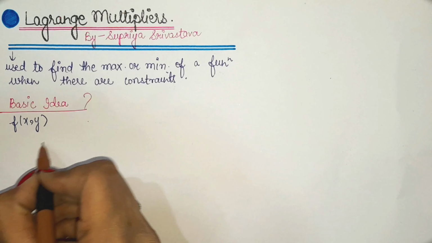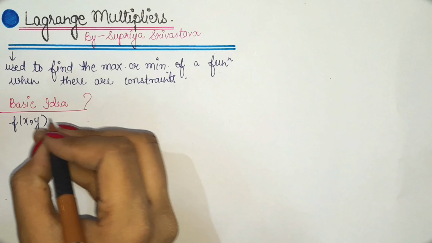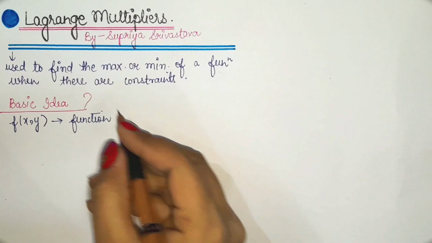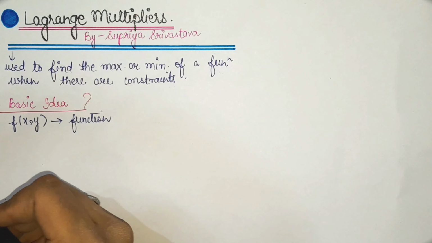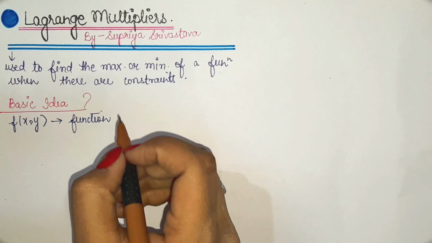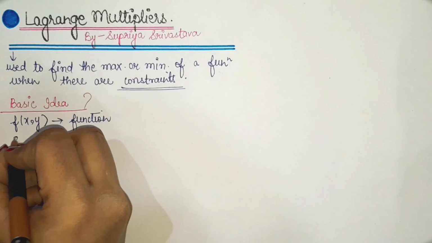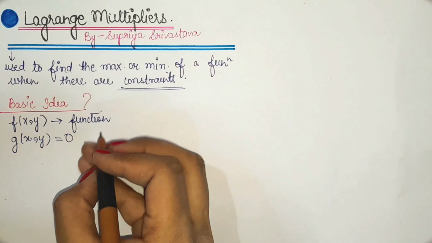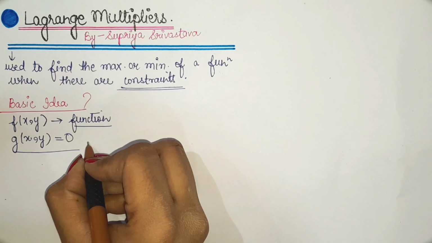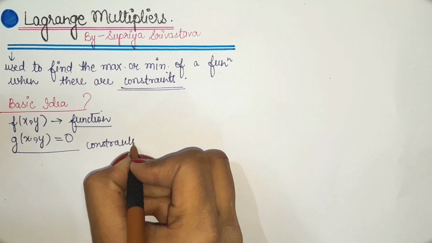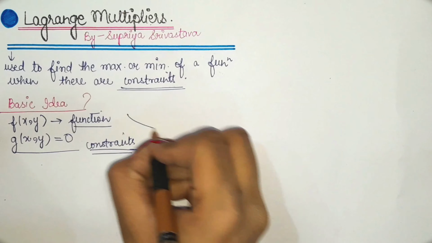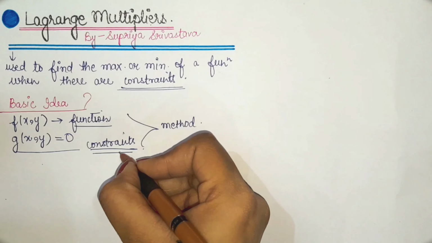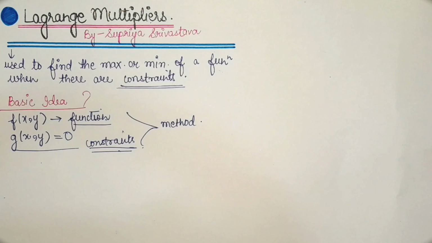When you want to maximize or minimize this function while keeping within a certain boundary, okay, this is a function. I have to minimize or maximize it according to my requirement. And here I have a certain boundary, you can say a constraint, which I will define by g of x comma y equals 0. When I have this function and this constraint, then I can use this method, where I'm combining the function with the constraint, and thus I'll find the optimal solution, okay.